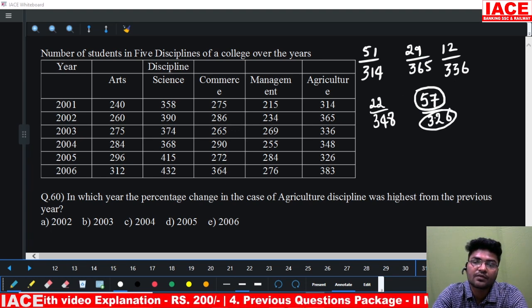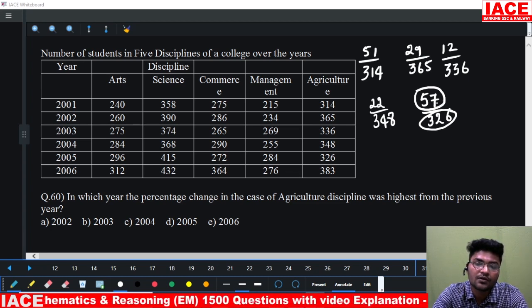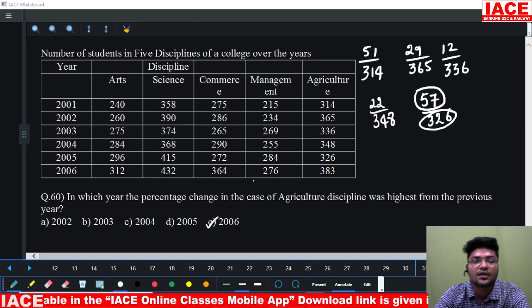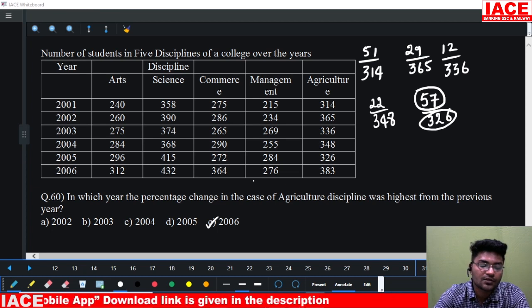That means 57 by 326 will be the highest one. So our answer for this question will be 2006, the year with the highest percentage change.